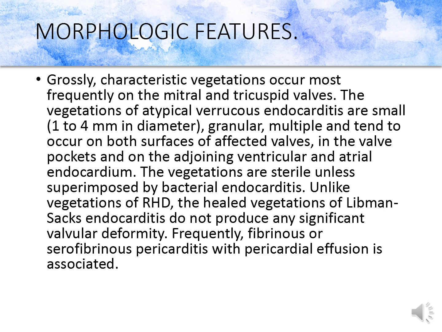Grossly, characteristic vegetations occur most frequently on the mitral and tricuspid valves. The vegetations of atypical verrucous endocarditis are small, from 1 to 4 millimeters in diameter. They are granular, multiple, and tend to occur on both surfaces of affected valves.